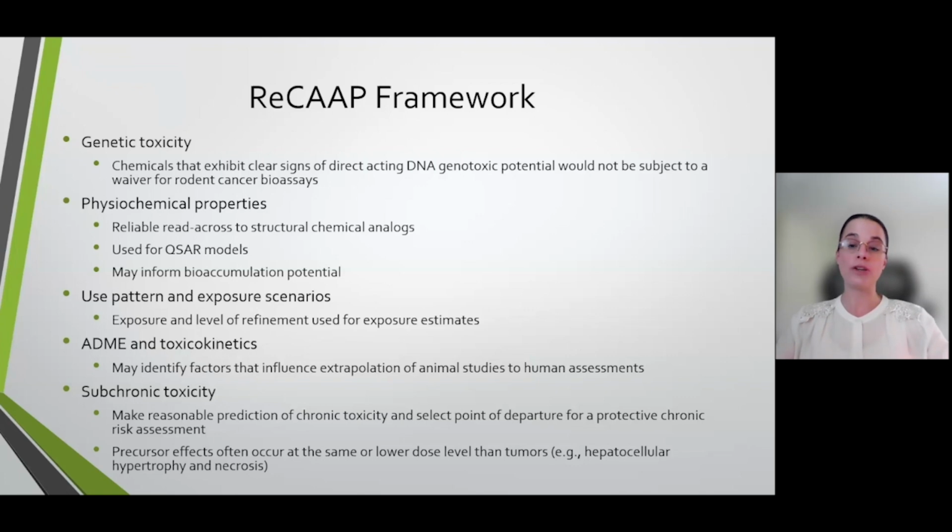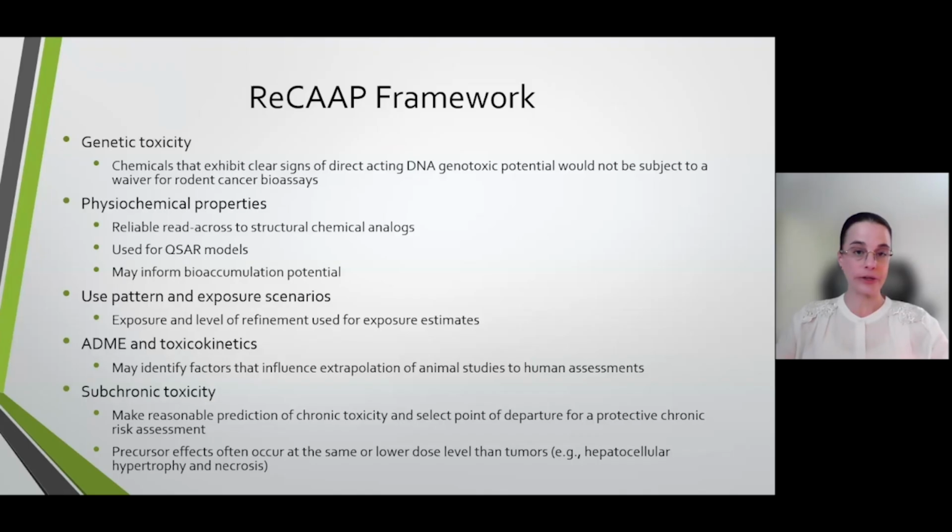But we do want to note that there is the potential to further improve our current NAMs and/or to develop new NAMs to inform the overall cancer waiver evaluation.